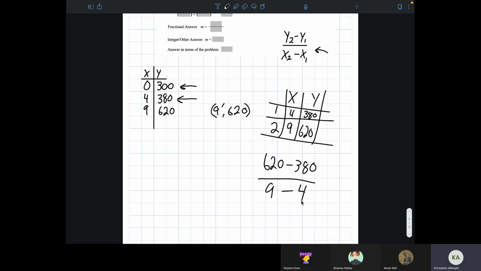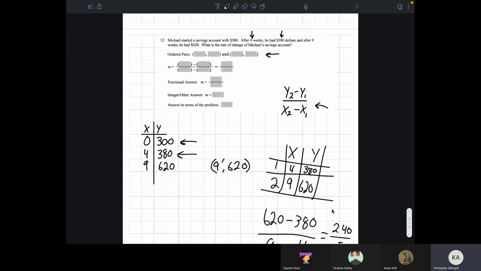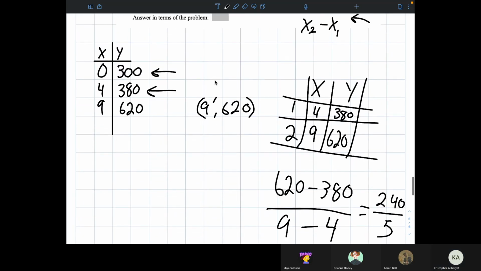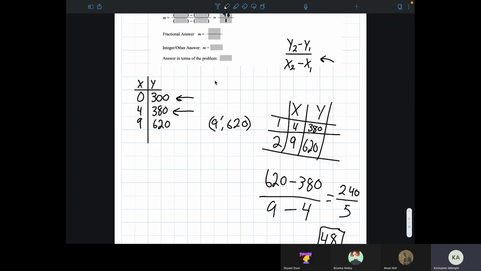So 620 minus 380 is 240, over 5. 240 divided by 5 is going to give us 48. So our slope is going to be 48 over 1, or 240 over 5. Either one.